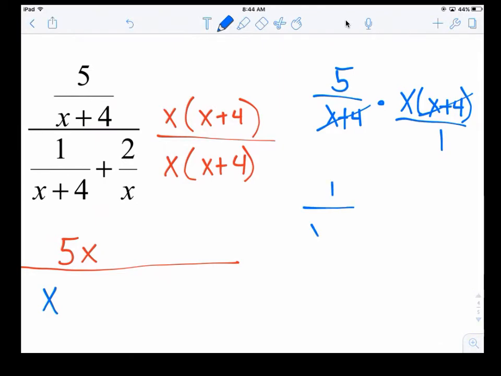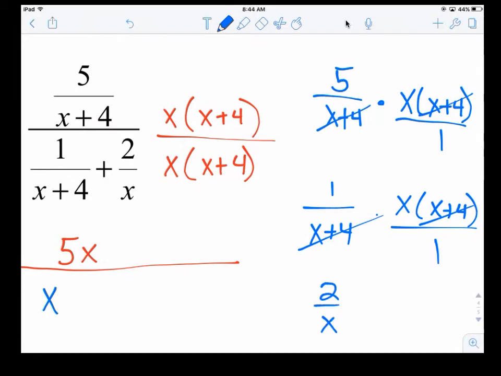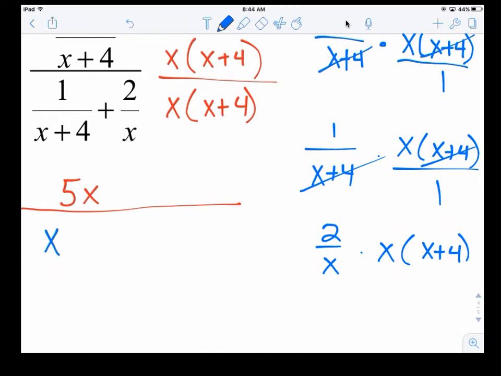And then if I do 2 over x times x plus 4, what do you get? The x's will cancel out and you'll be left with 2 times x plus 4.